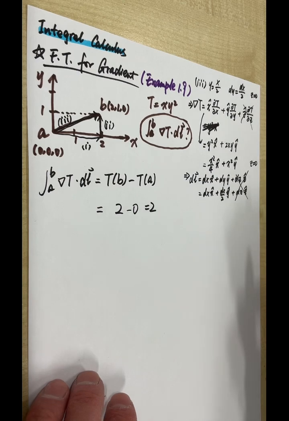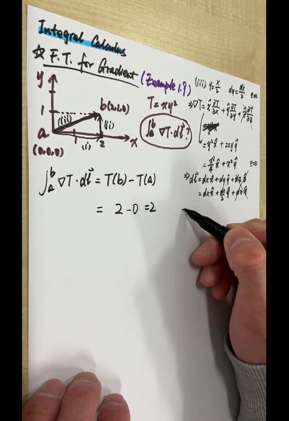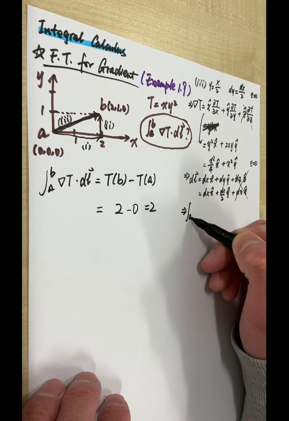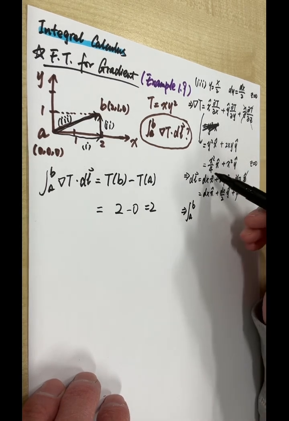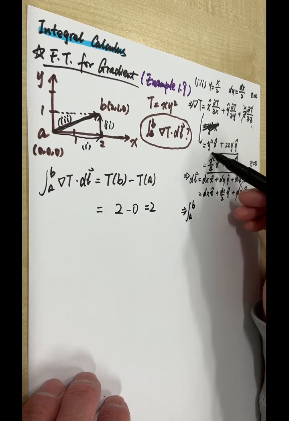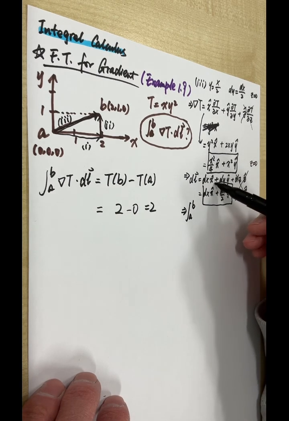Okay, so now we are ready to do the integral. We have the integral from A to B of this one dot this one.